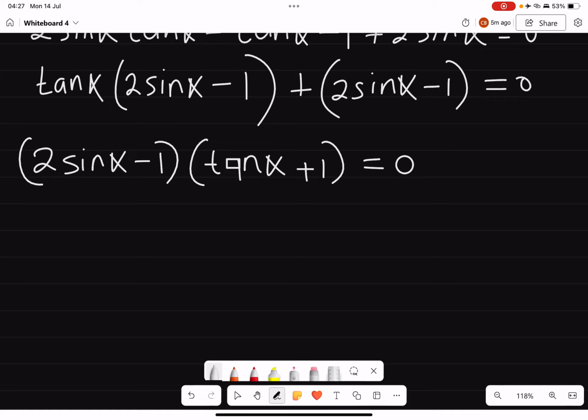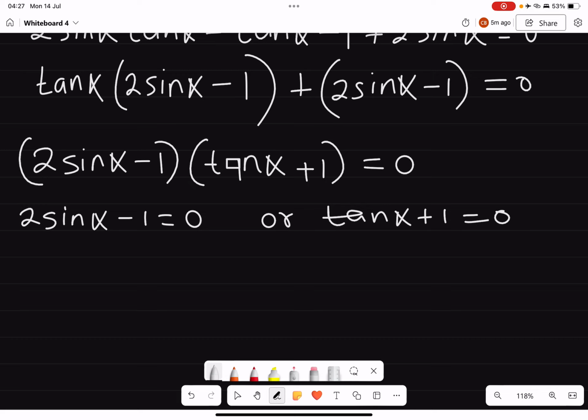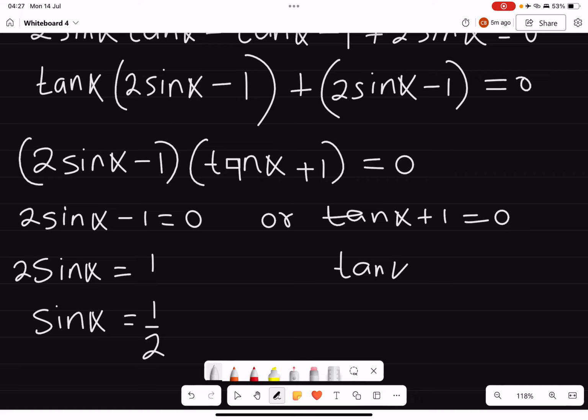Now, applying the zero product rule, the first bracket will be 0, or the second bracket will be 0. Then 2 sine alpha equals 1, which means sine alpha is 1 over 2. And on this side, tan alpha is equal to minus 1.